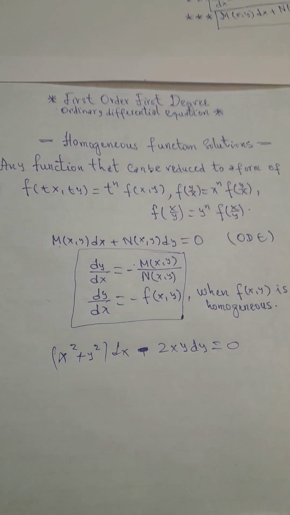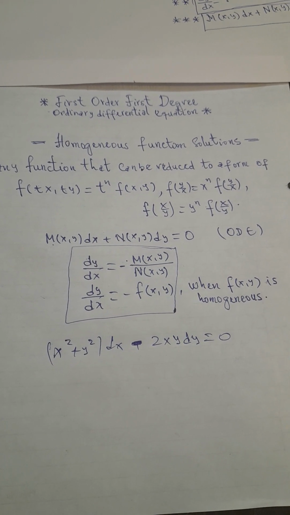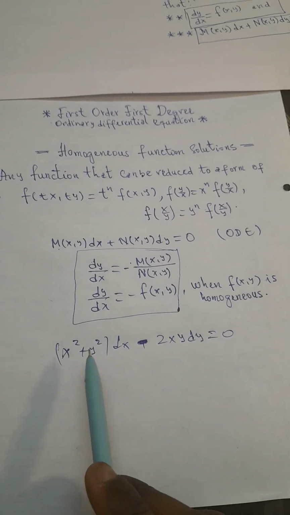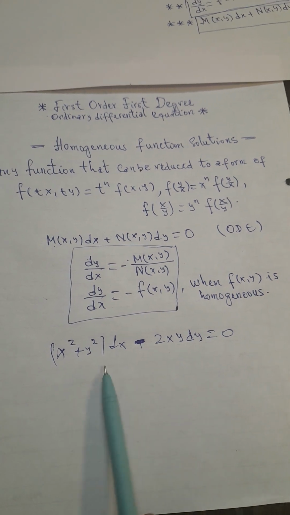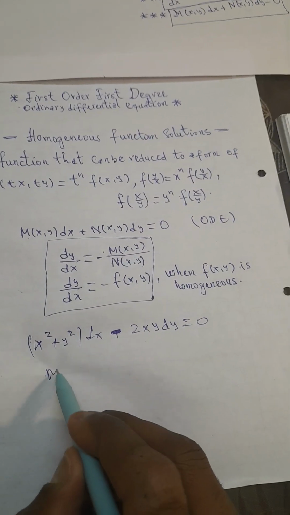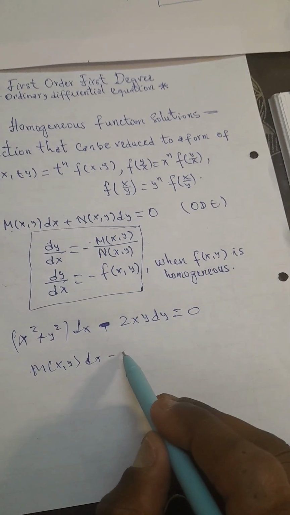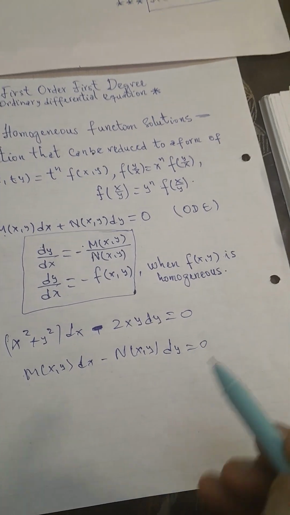I hope you can understand this clearly, because this is very important. First, you have to check whether the function is homogeneous or not. This exercise is in the form of M(x,y) dx plus N(x,y) dy equal to 0.